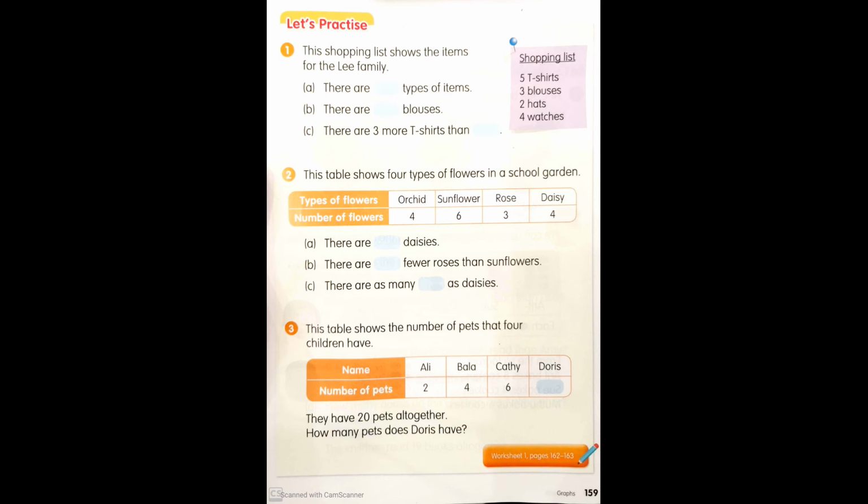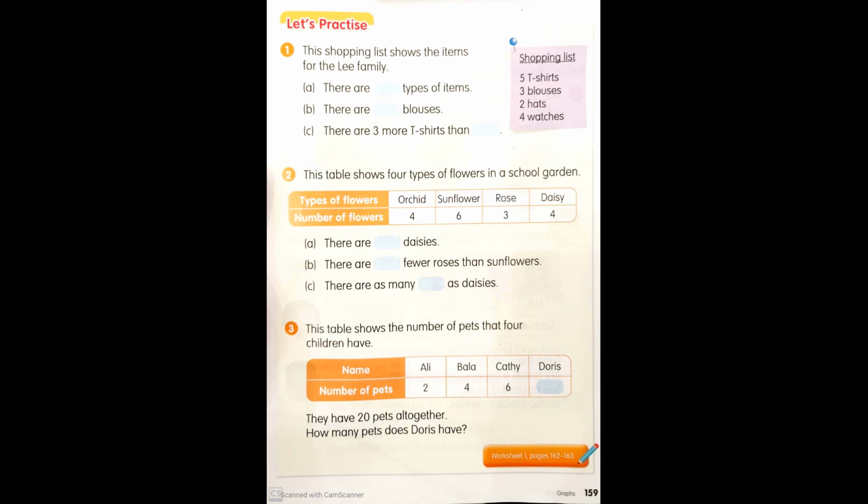Right. Again, I'll repeat B again. There are fewer roses than sunflowers. How many? So we put a line under roses and put a line under sunflower. What's the number of sunflowers? 6. So put 6 minus, take away 3 equals how many?